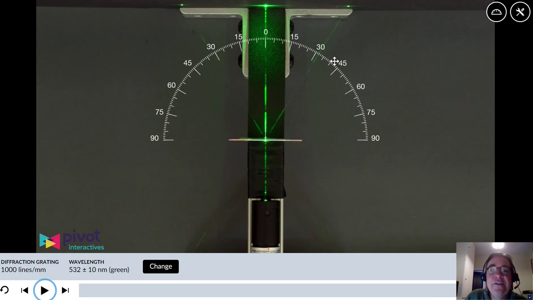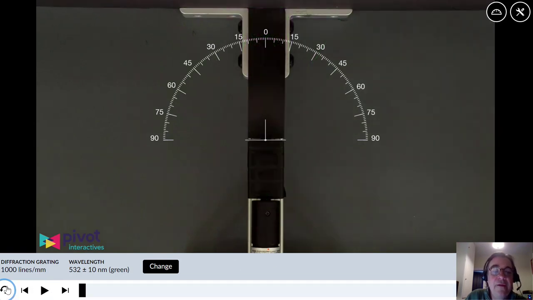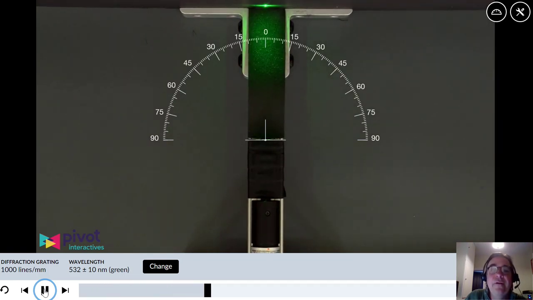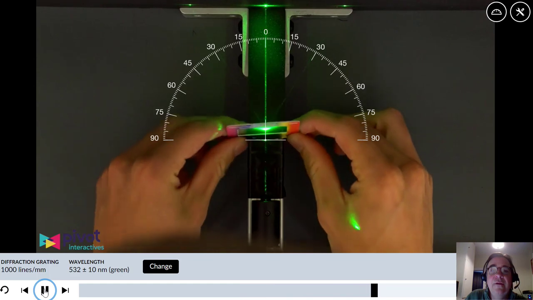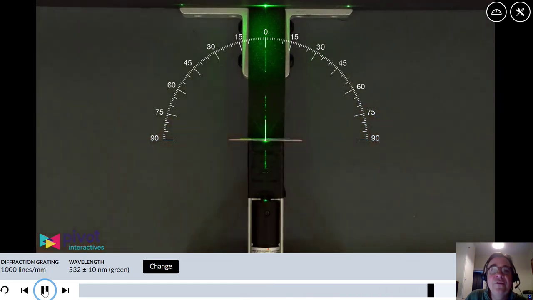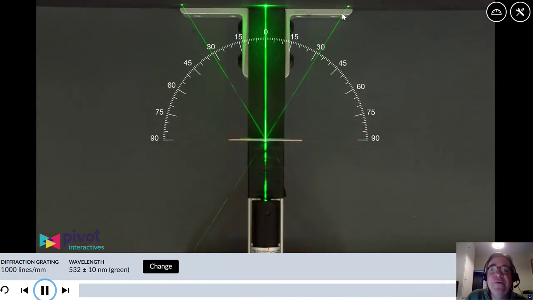But you can see this angle here. This is the green laser. You get like 32 degrees for that one. Looks like we're only able to see one of them here. Okay, good. We're only seeing the m equal to 1 part here.